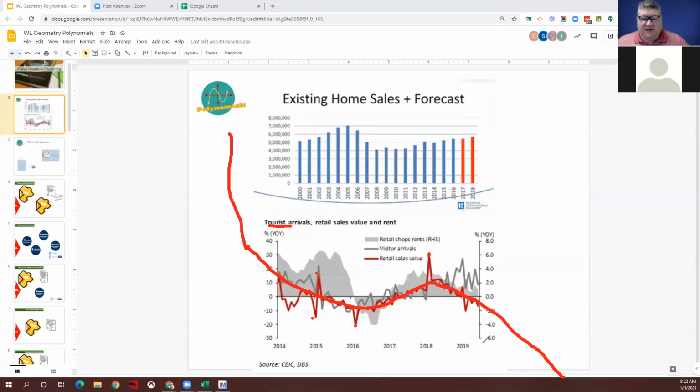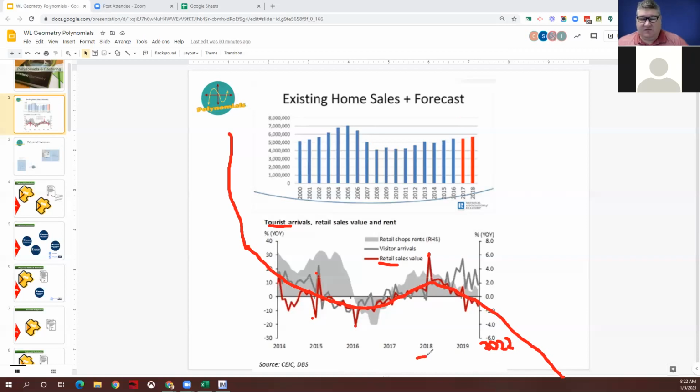Where do you think in 2022 the retail sales will be? Up here, in the middle, or down low? High, middle, or low for 2022.